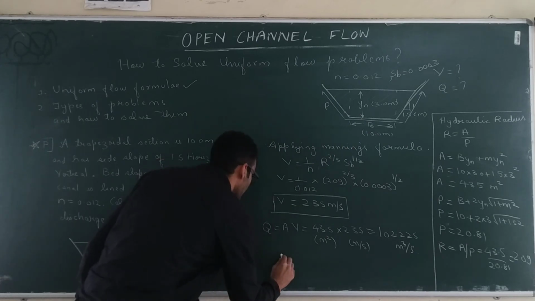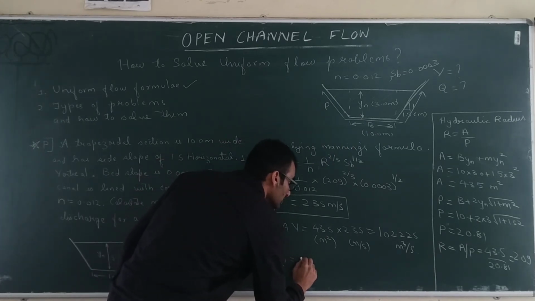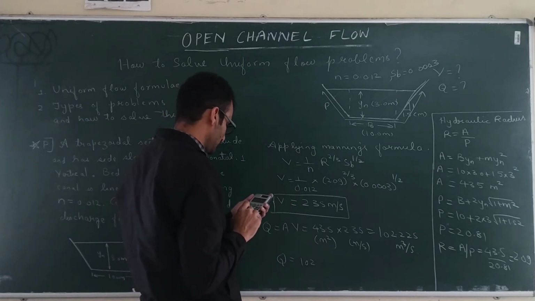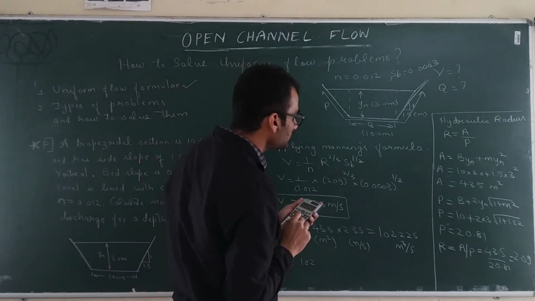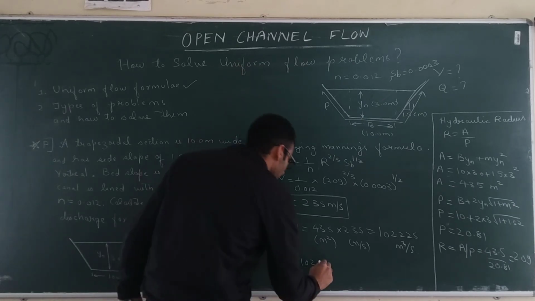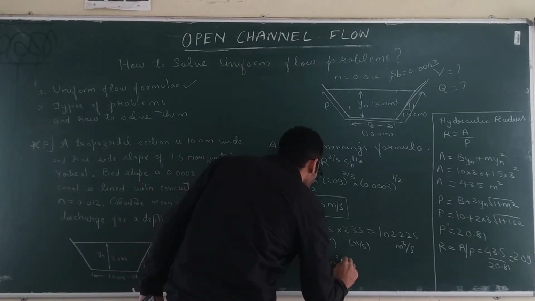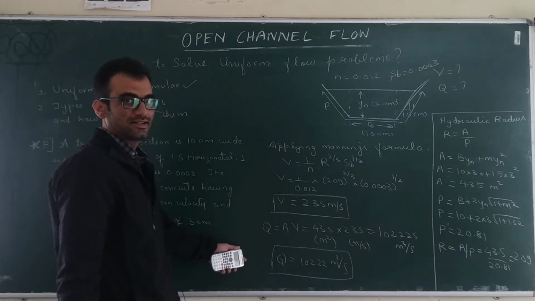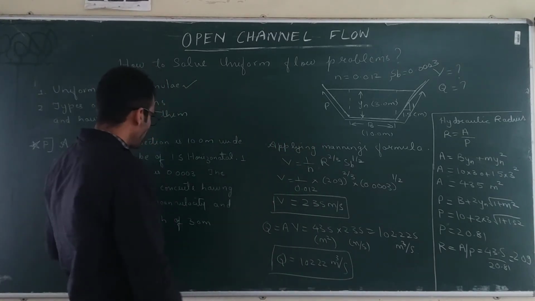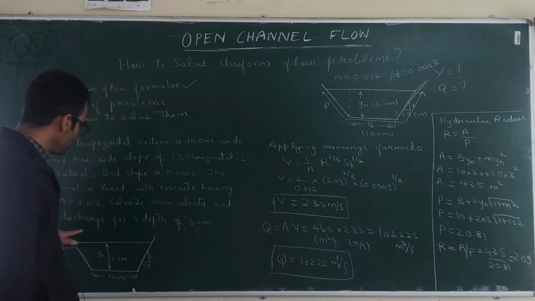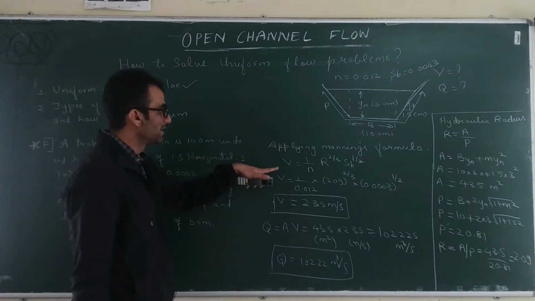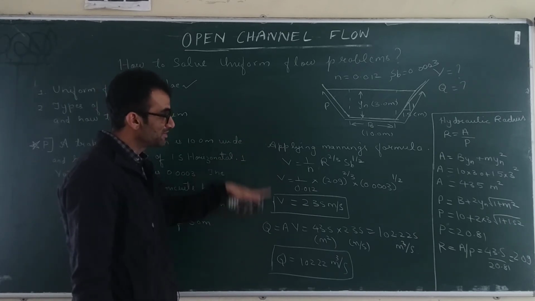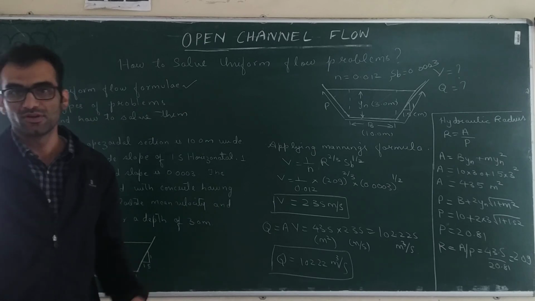So this is our discharge. So you can find the values of velocity and discharge directly. If you get a uniform flow problem where you need to calculate Q or V, you can just apply the Manning's formula, or Chezy's formula if you get Chezy's constant, and simply solve it for Q or V.